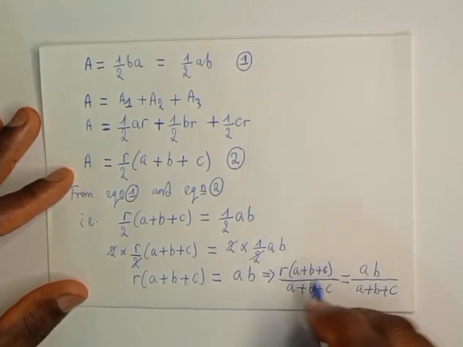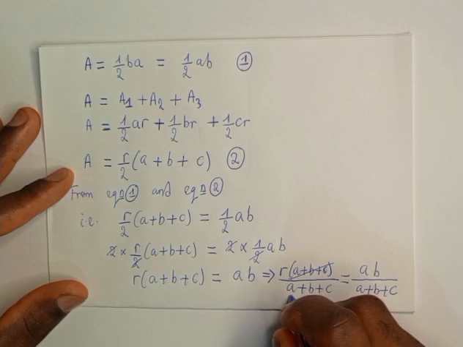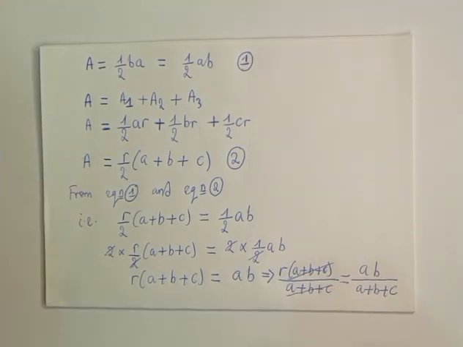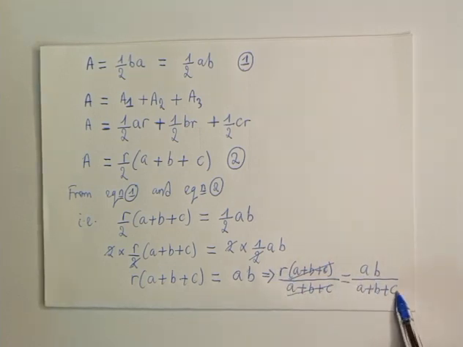A plus B plus C at the numerator will strike off A plus B plus C at the denominator. This will give us R to be equal to A times B all over A plus B plus C.